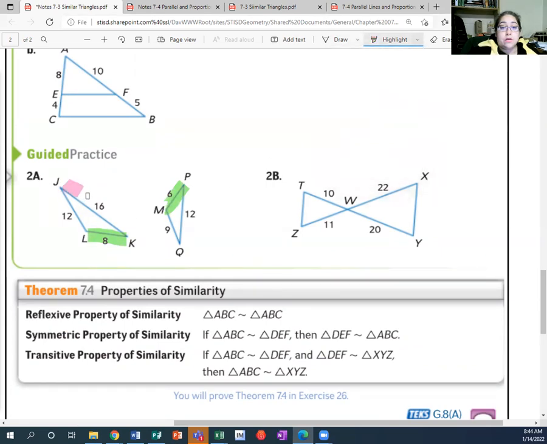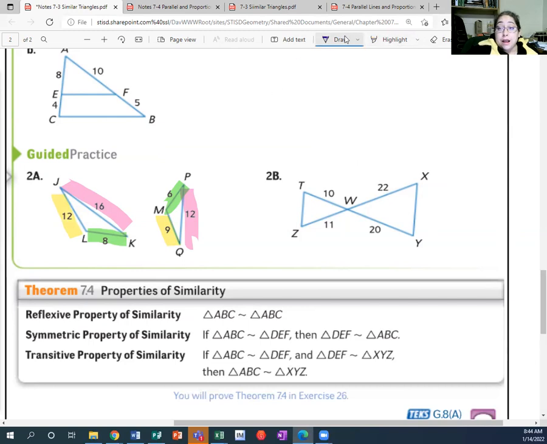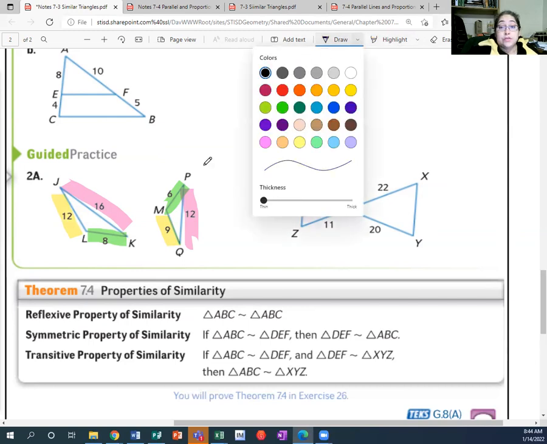And I'm going to do that all the way around with all of my sides, matching up the shortest with the shortest, and the longest with the longest, and the medium with the medium. And now all I have to do is just make fractions out of all of these numbers and hope that the fractions are going to be equal.